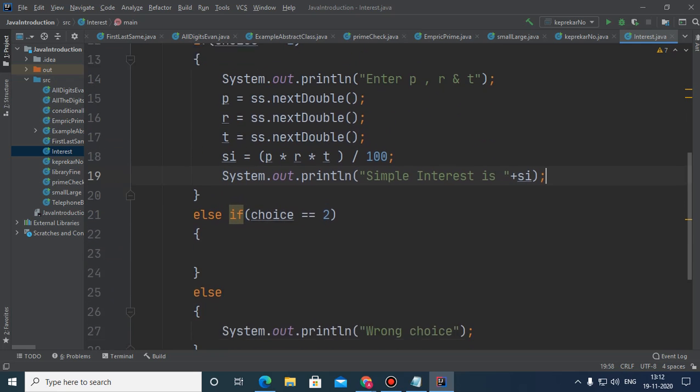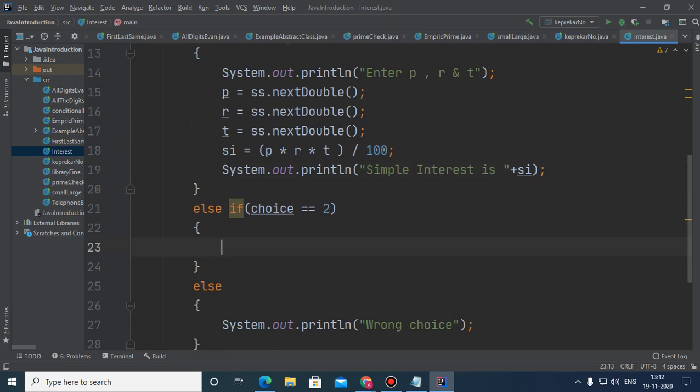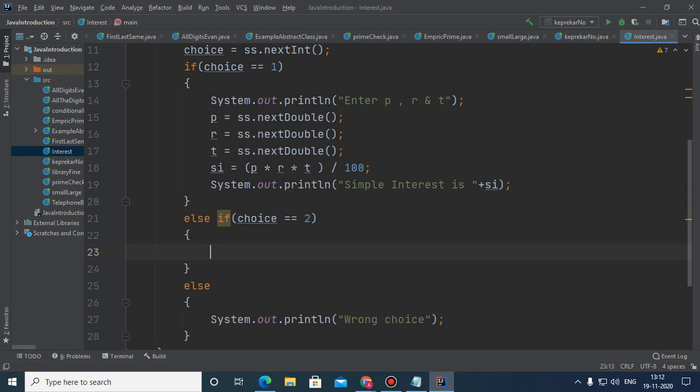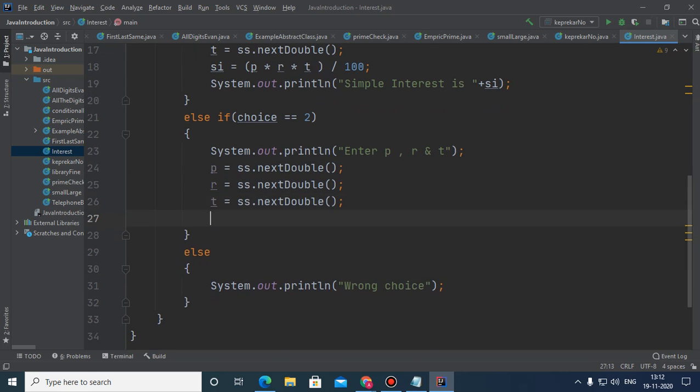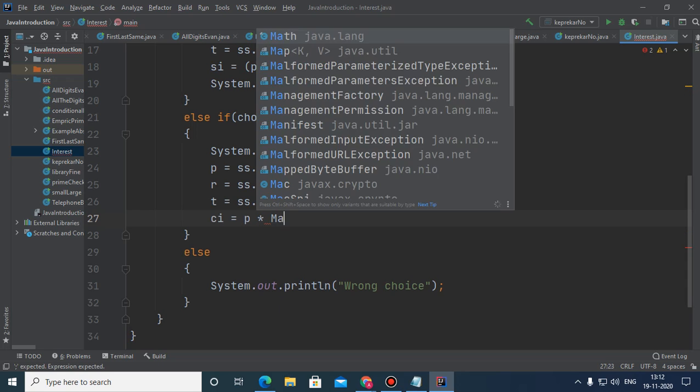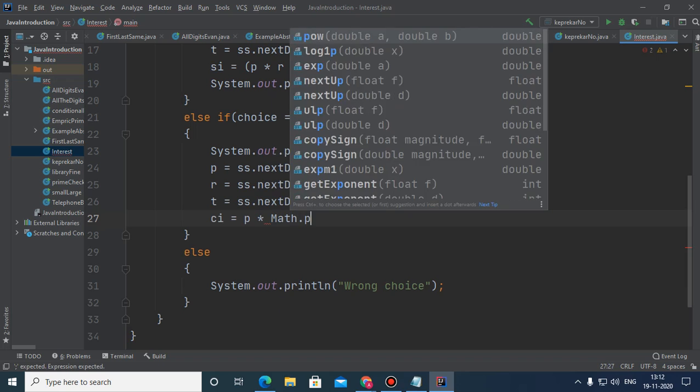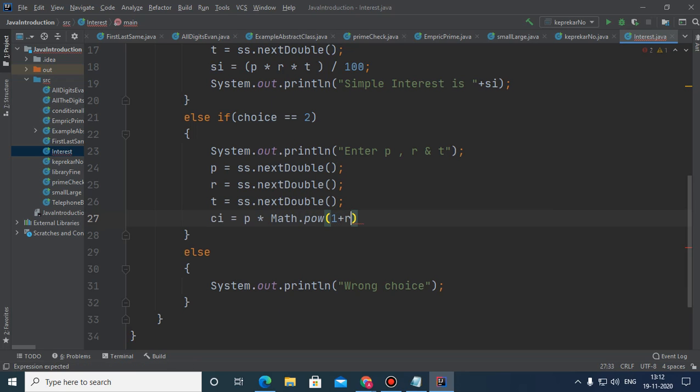And now we have to do compound interest. In compound interest also, children, we have to input these three values only. And after that we can calculate compound interest. For calculating compound interest, we apply this formula, which is CI equals P into Math.pow(1 plus R by 100, T) minus P. This is the formula.